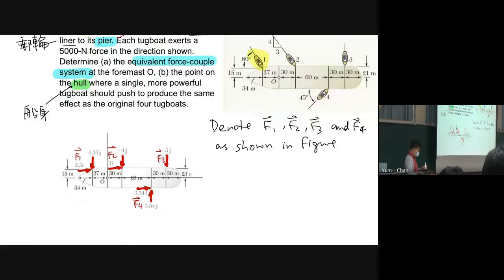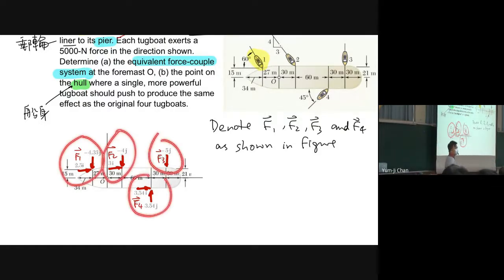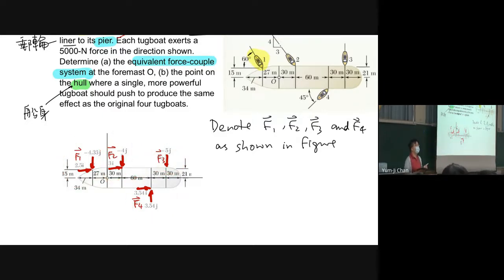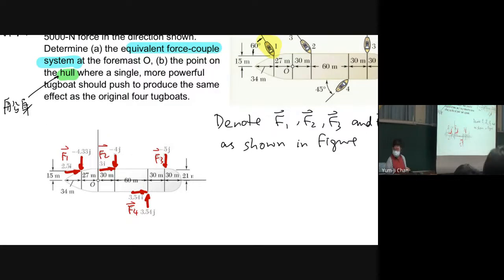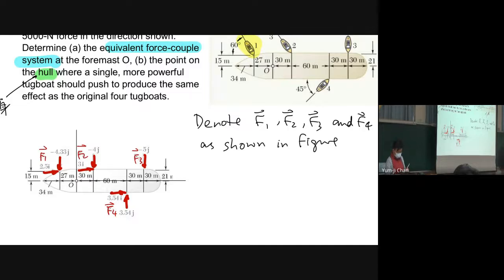So we have four forces: F1, F2, F3, and F4. Now we do them one by one. For example, we work on F3 here.